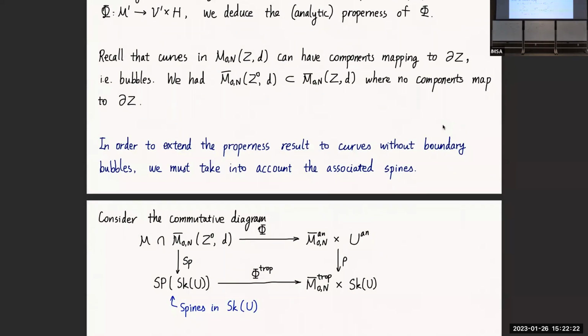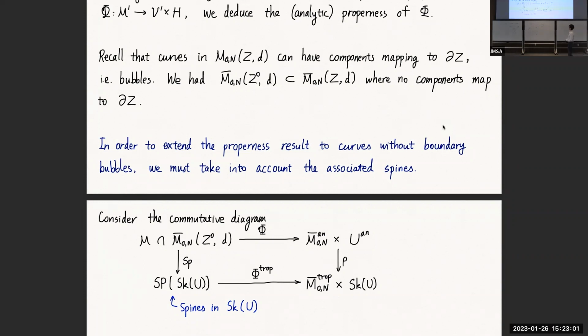So we consider this commutative diagram. We have the analytic moduli space, and we have this map phi taking the modulus of the domain, the stabilization of the domain, and taking the evaluation of the marked point S. And then we also have this skeleton map, because, as I mentioned in the morning, the analytic curve has this tree, and we have marked points. We can take the convex hull of the marked points, and we get a spine in the essential skeleton.